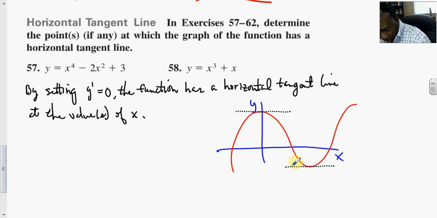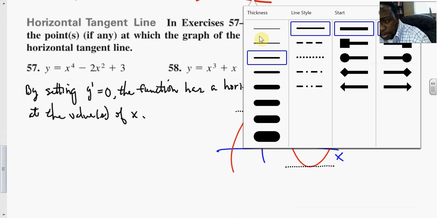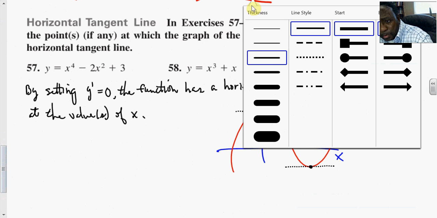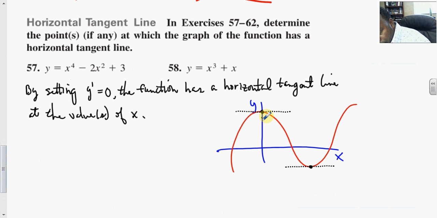That where the graph tops out or bottoms out, that's going to be corresponding to the so-called x value. But here, the derivative is 0.